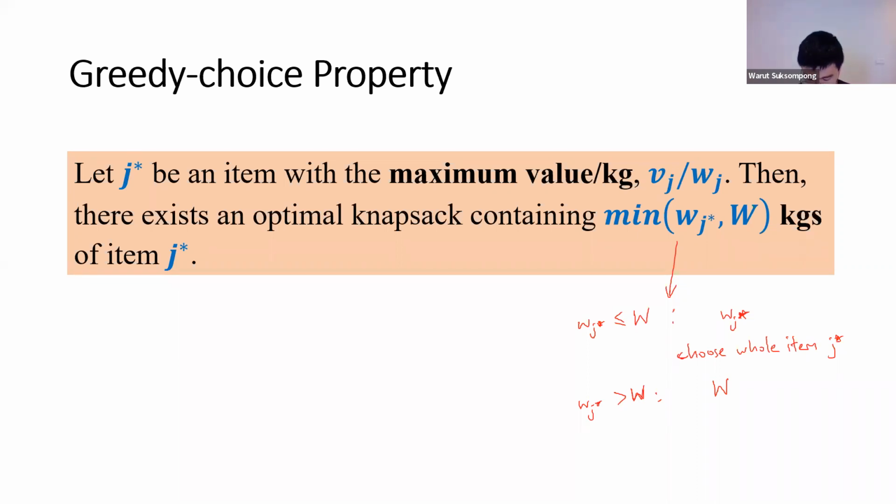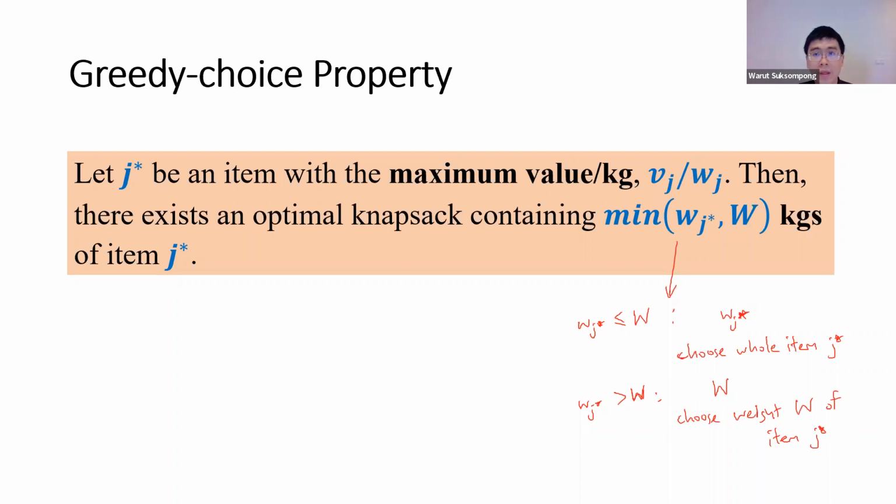So in this case, choose weight W of item j star. So that's why we take the min of the 2 quantities. We want to choose as much of this item as possible. If we can choose the whole item, great, but maybe we cannot. If we cannot, we can only choose up to the capacity that we have. So that's why we take the minimum of these 2 quantities.